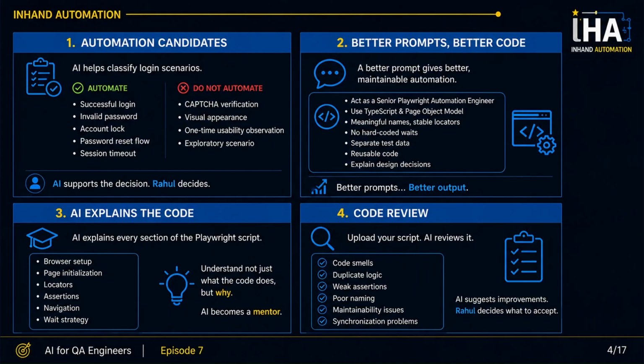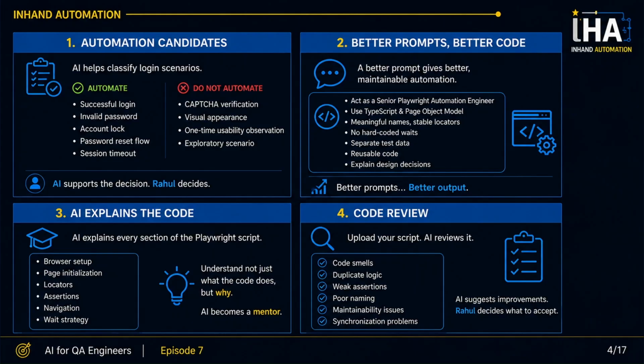If you already have an existing framework or script, then instead of generating new code, we can upload one of our own automation scripts and ask AI to review it. We can ask AI to identify any code smells, duplicate logic, weak assertions, poor naming, maintainability issues, synchronization problems, and suggest improvements, but do not completely rewrite the framework, okay?